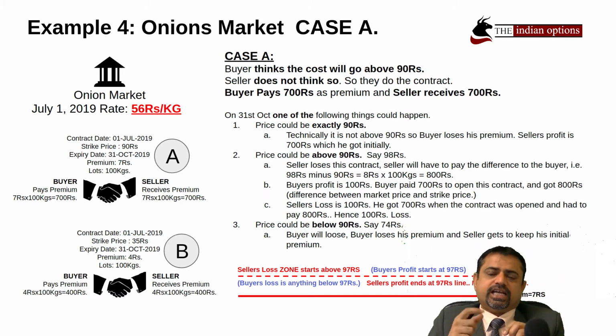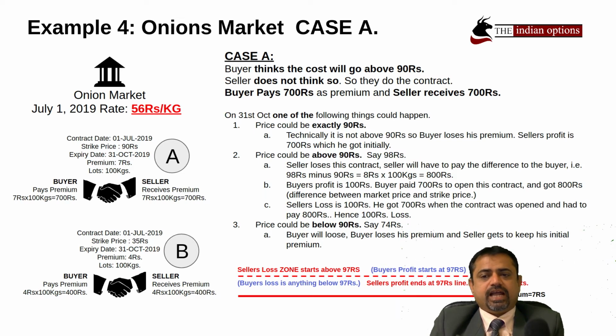Right? In the second situation, the price could be above 90 rupees. Say 98 rupees, just take an example. That is 8 rupees more, right? Now the seller loses this contract because the seller will now have to pay the difference to the buyer.